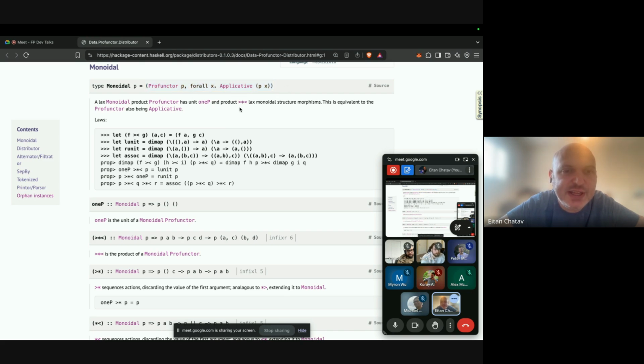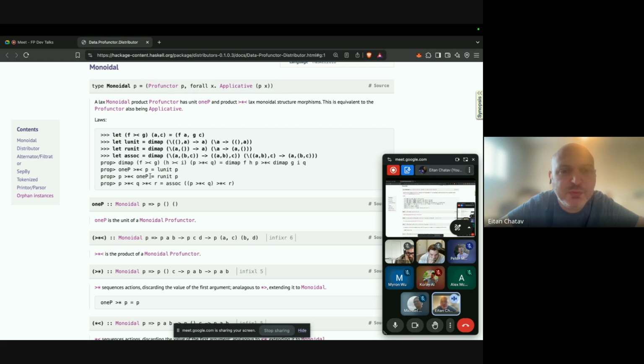Okay. And it has some laws, namely it has naturality laws. This f times g here applies f to the first argument of a pair and g to the second argument. Then if we dimap f times g and h times i over p sequence q, then that's the same thing as dimap f h p sequence dimap g i q. And if we sequence 1p on the left, that's the same as our left unit isomorphism.